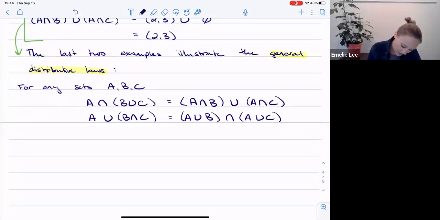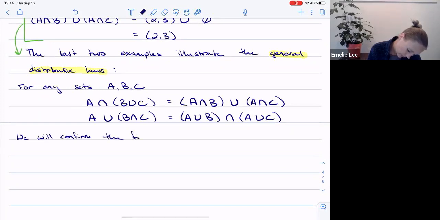So what we're going to do, we will confirm the first distributive law using Venn diagrams.